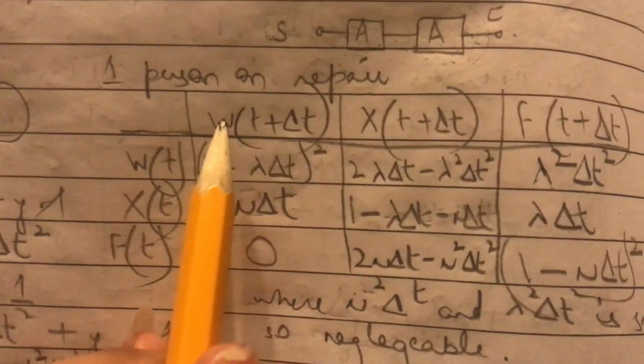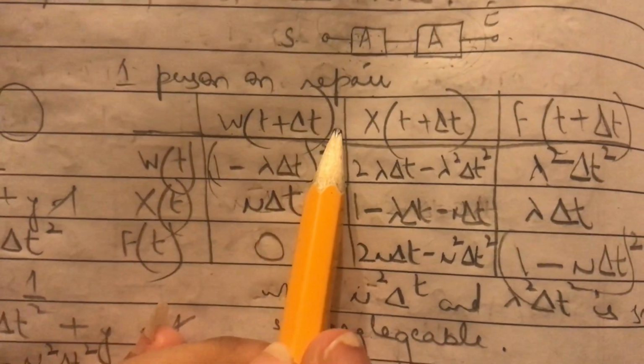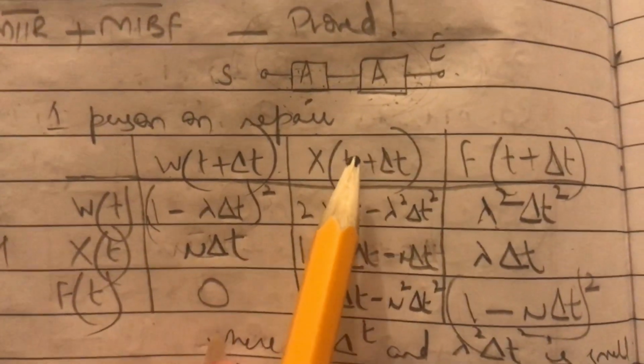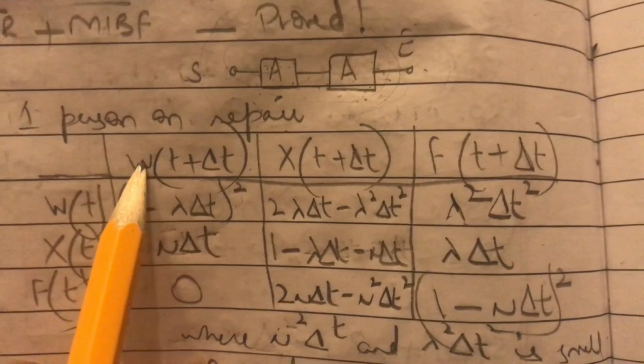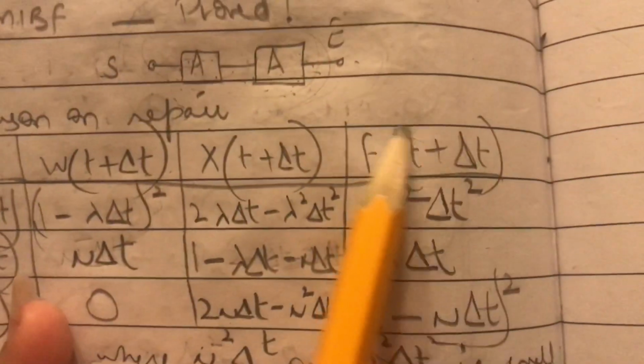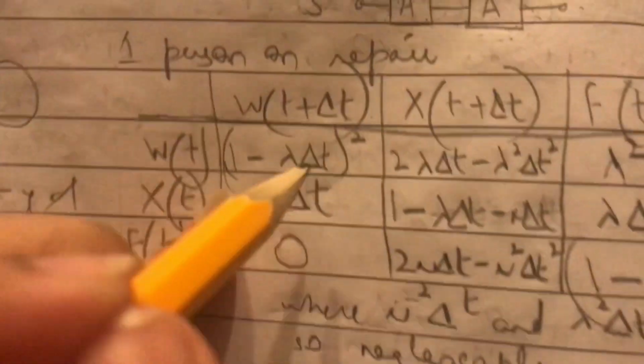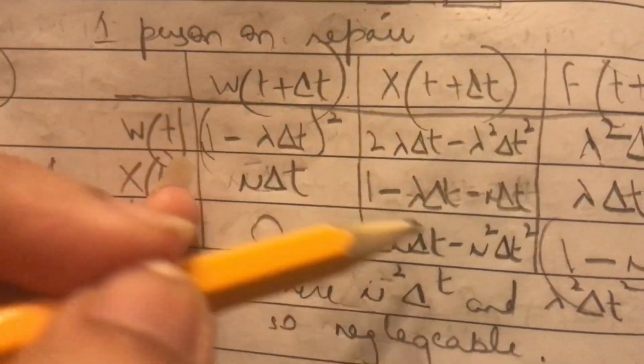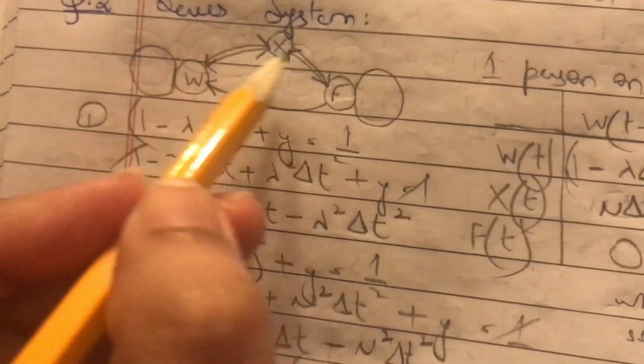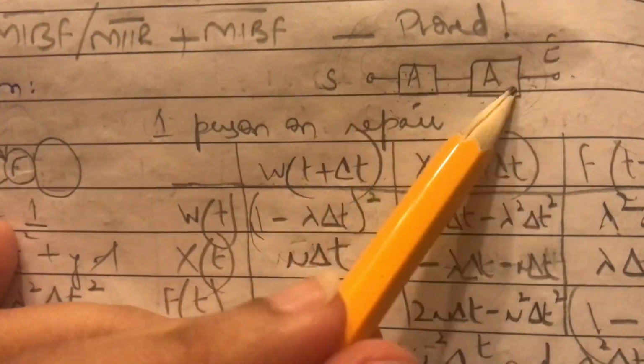Now we have W(t plus delta t) and X. Here we have W(t), the working state, and the failed state, the same as before, and what has been added here is the X. Here we have a random variable X because we are now talking about two components.